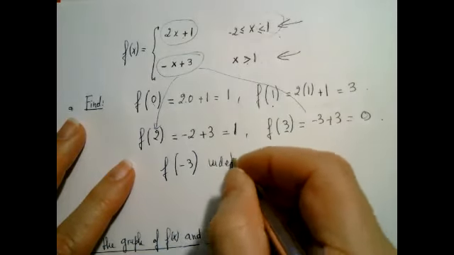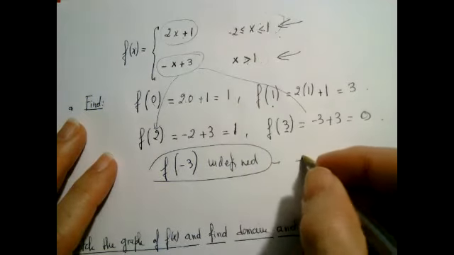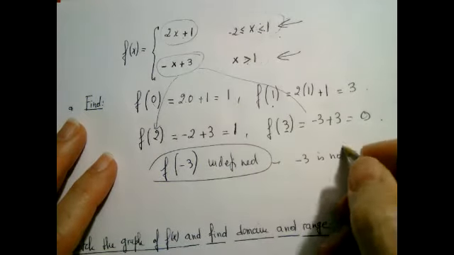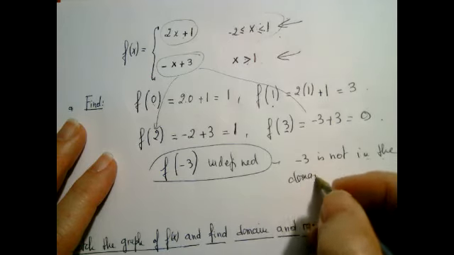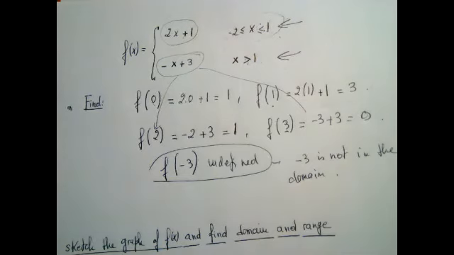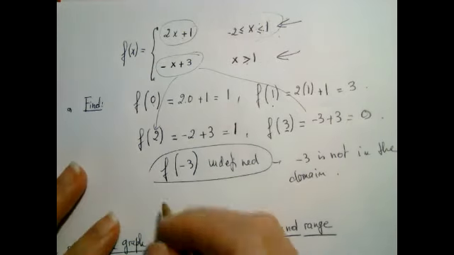It means I don't have an output. My formula didn't give an output, which tells me that -3 is not in the domain of this function, because according to my rule there is no output for it. That's really how we're going to understand this function. I'll try one more and then we graph.